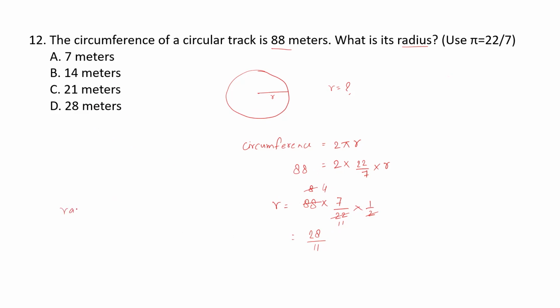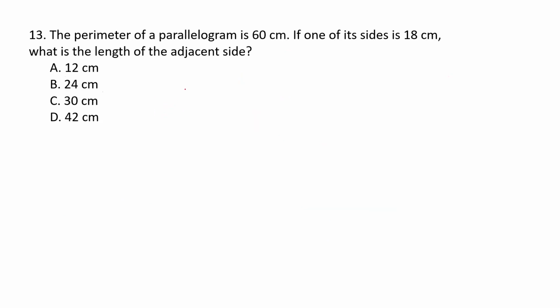So radius is equal to 28 upon 11 meters. So the thing is, these questions I only framed. So sometimes options may not match, but when you solve your problems in exam, you will get the correct option.